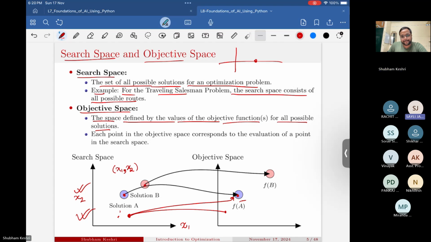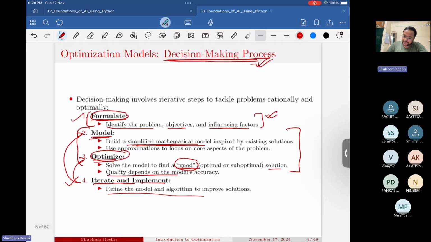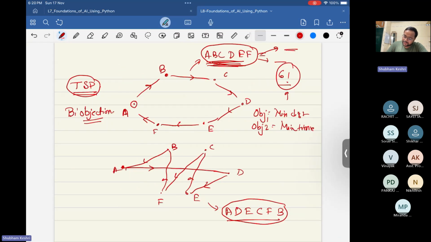Because you mapped here one to one, I thought solution A results in only f of a and solution B results in only f of b. That's not the case. It may happen that solution A and solution B both correspond to f of a. I gave you one example: suppose these two are the solutions, solution 1 and solution 2.